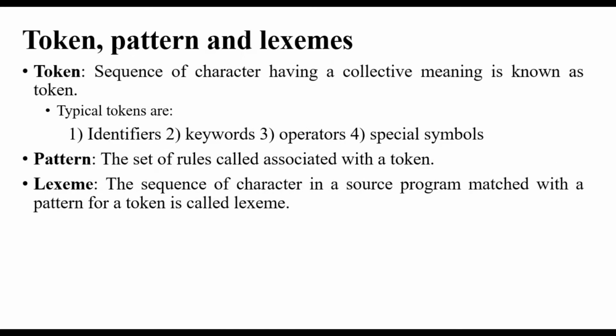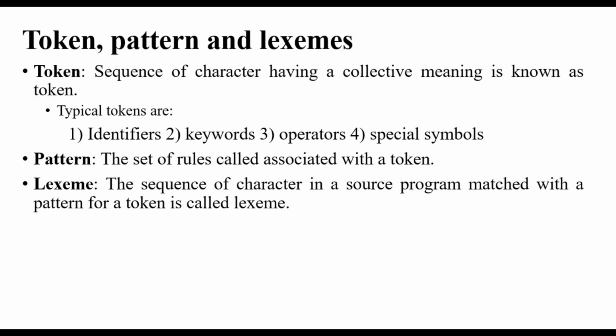Next is token, pattern and lexemes. We already discussed these in our previous video also. First, what is a token? A token is a sequence of characters having a collective meaning.